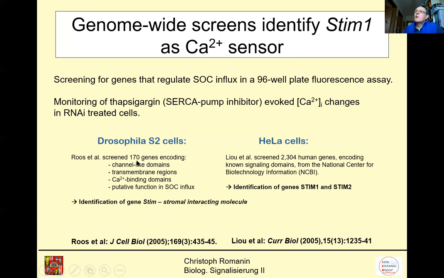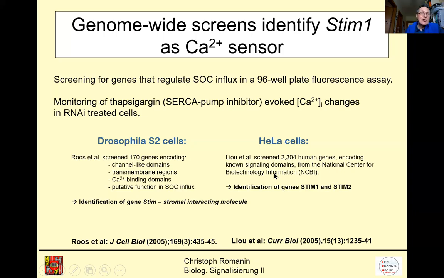Both groups used siRNA against proteins where there is only some function known, but not clear for many. This group checked 170 genes where they had siRNA, and this group checked 2,304 human genes. This is a competition also in terms of time, who will win the race, because there is a lot to do.